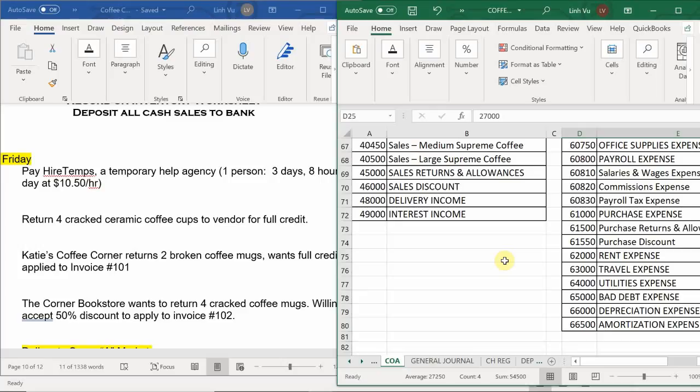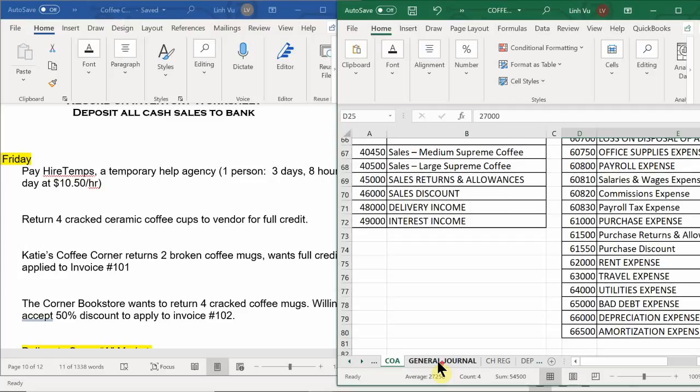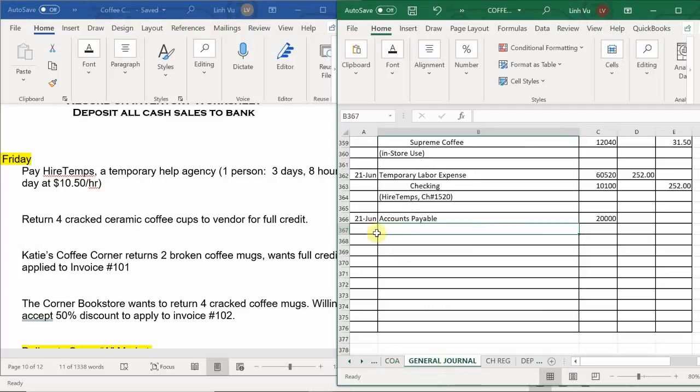I got a purchase returns and allowance. Purchase returns and allowances. Good. Okay, so in this case, purchase returns and allowance, that is account number 61500.